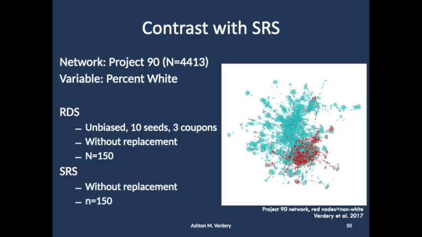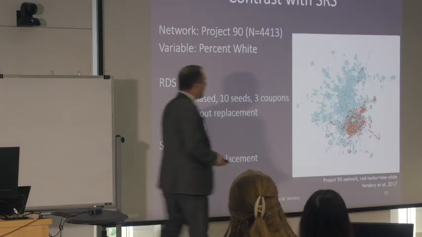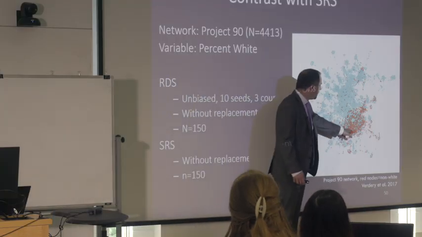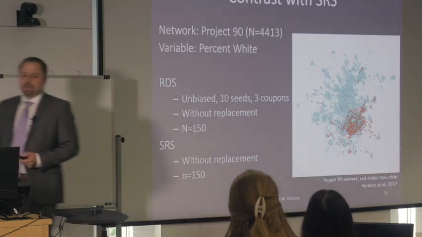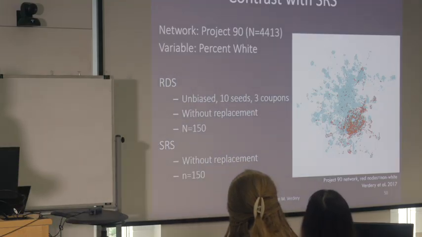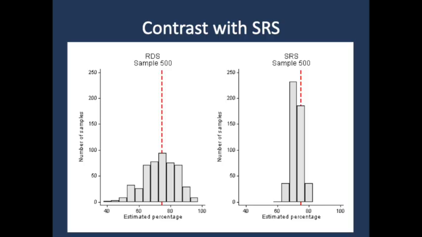So contrasting RDS with simple random sampling, if you were to sample 1 million RDS samples in a particular population, I just use this one here, and we're trying to estimate the proportion that is a racial minority, which is clustered in this community. If we just sample 150 cases, with 500 samples of 150 cases each, this is the distribution of RDS samples.